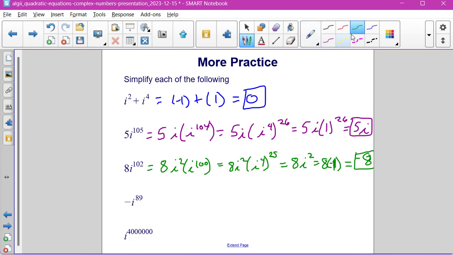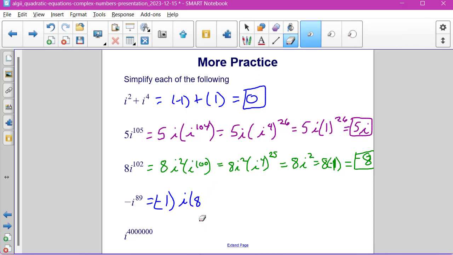Now let's look at the next problem. We have a negative 1 that's out in front, and then we have i to the 89th power. That's i times i to the 88th power.